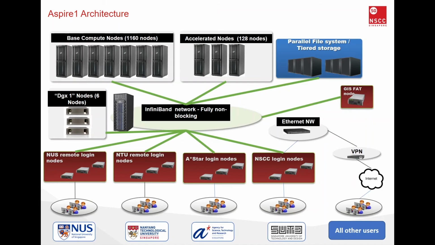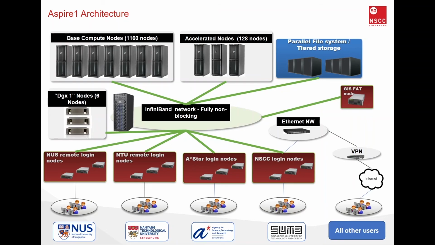Here we can see the complete architecture of Aspire 1. At the lowest segment, we can see dedicated login nodes placed for NUS and NTU. A*STAR has its own dedicated servers, which are located in NSCC itself.